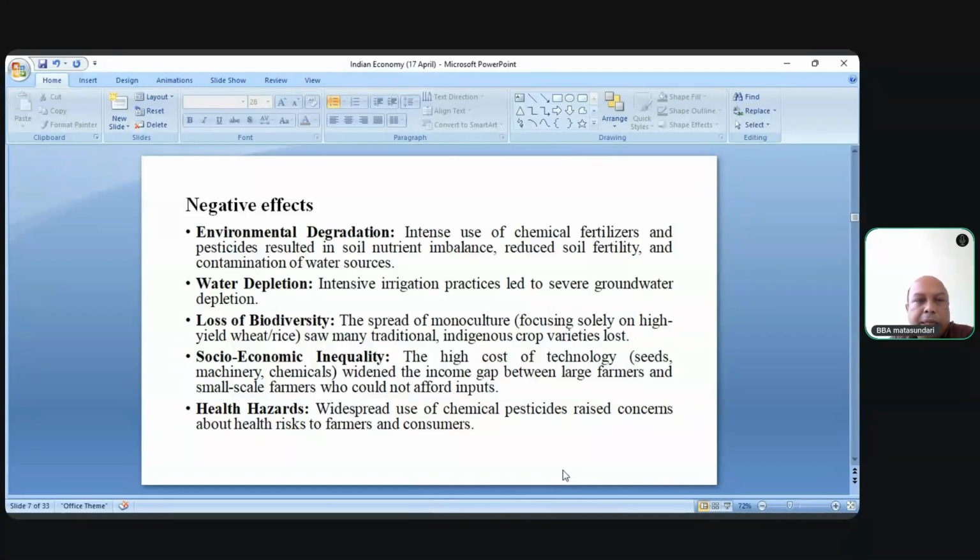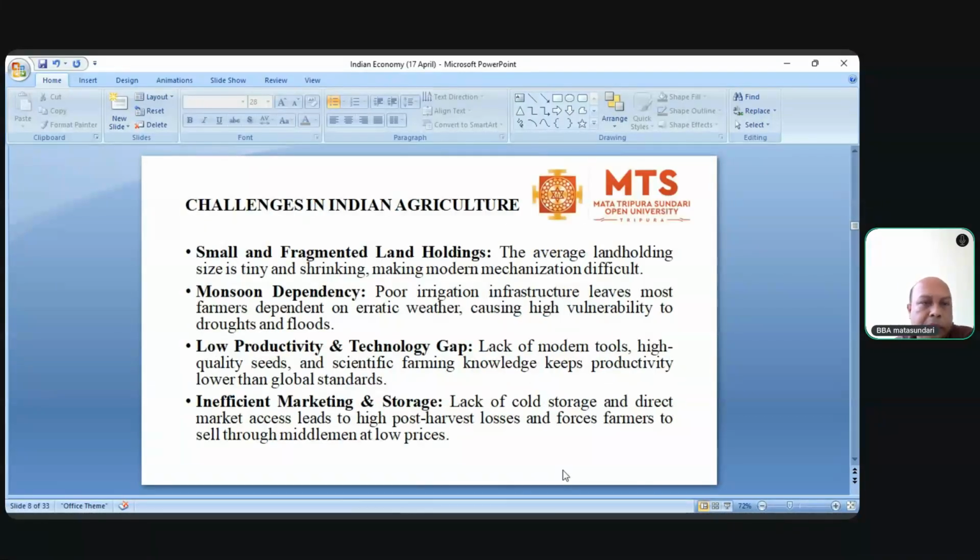So health also is negatively affected due to excessive use of chemicals in green revolution. So in this way, we can say that green revolution has positive and negative effect on our environment and also on our economy.